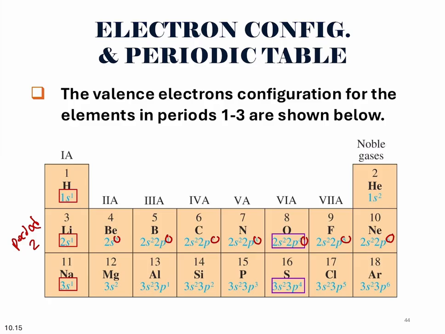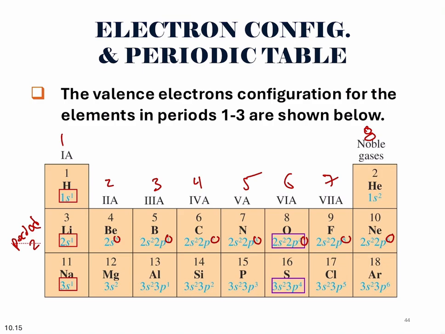I'll write the numbers above here. This is going to be 1, 2, 3, 4, 5, 6, 7, and 8. The outermost shell, when filled, should have 8 electrons. We have 1 here when it's filled, so this only has 1 electron in its outermost shell. Here we have 2.